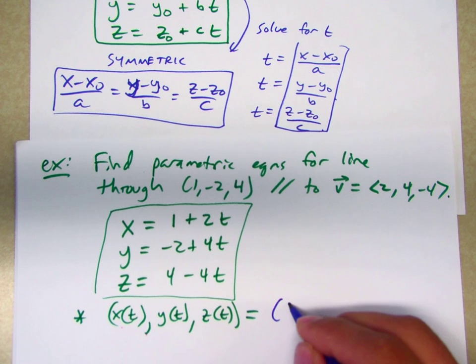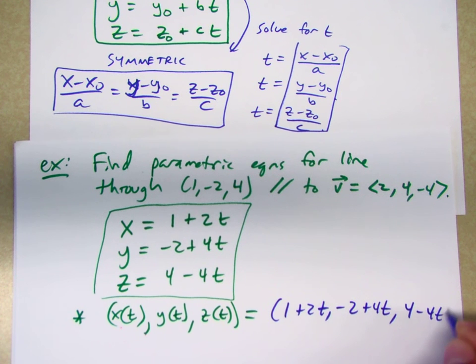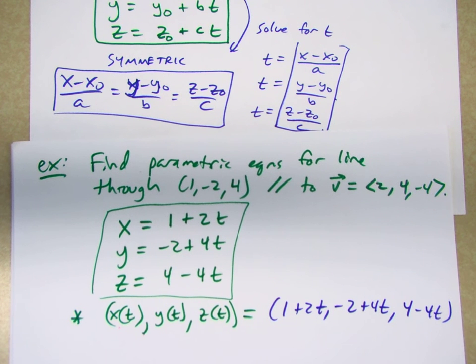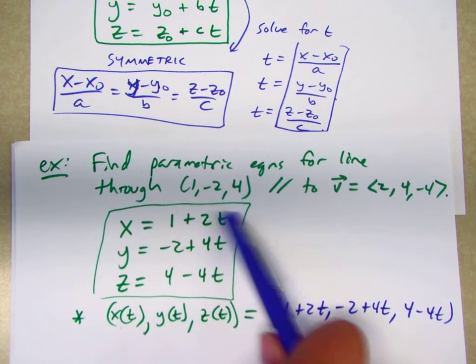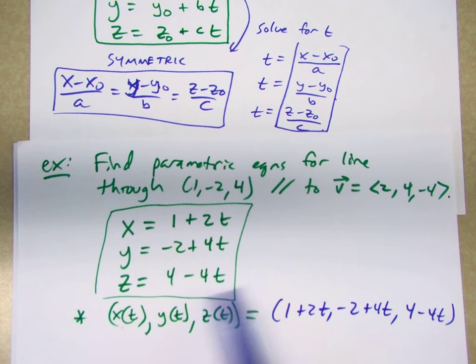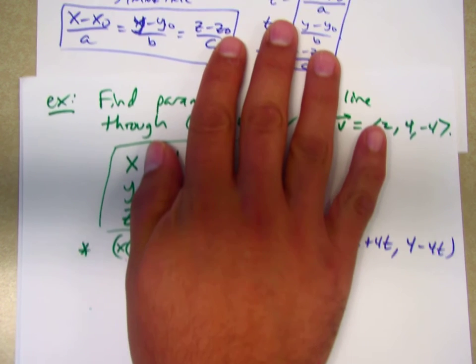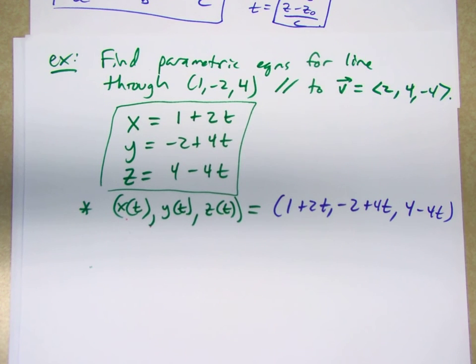You just go, okay, 1 plus 2t, comma, negative 2 plus 4t, 4 minus 4t. Because remember, these three equations represent the x-coordinate, y-coordinate, and z-coordinate. So it doesn't matter how it's presented to you. You should be able to make that connection. Any questions so far?